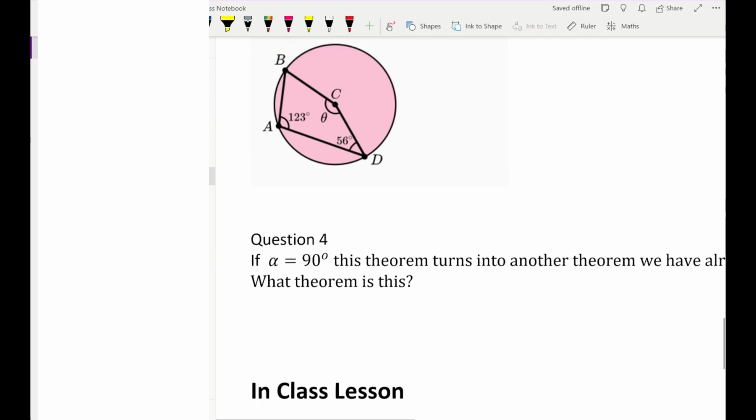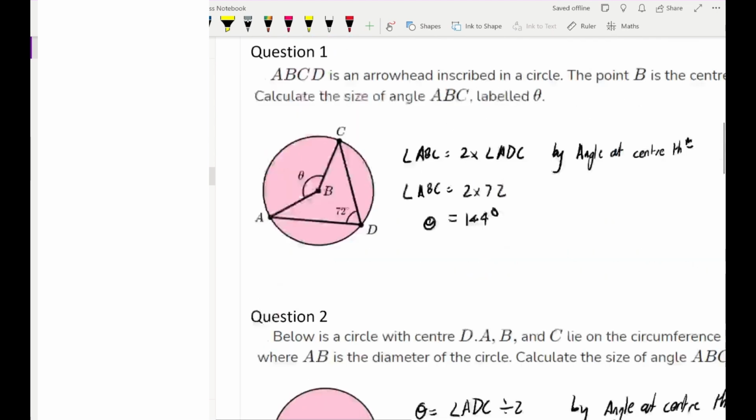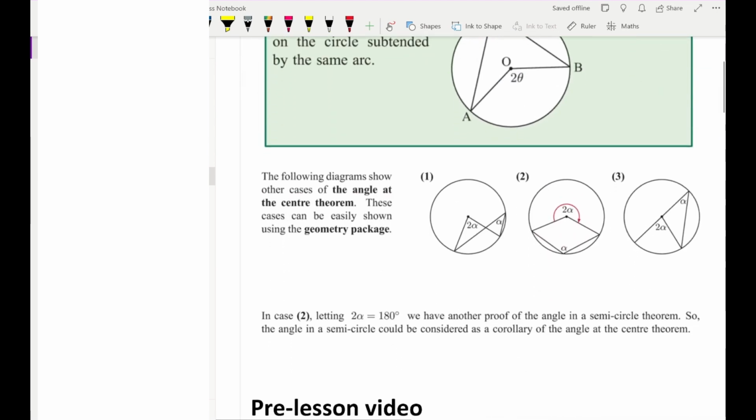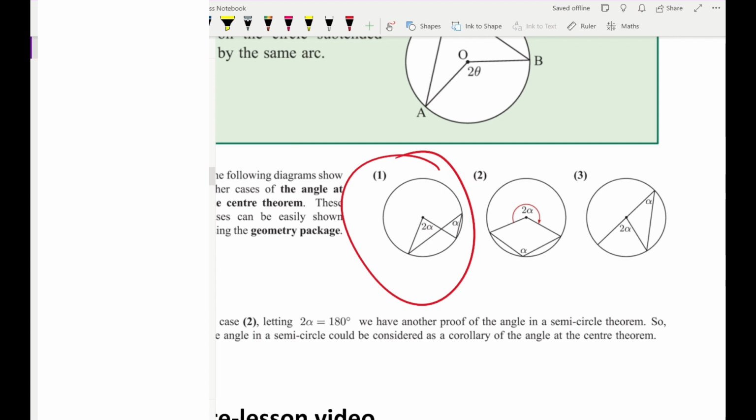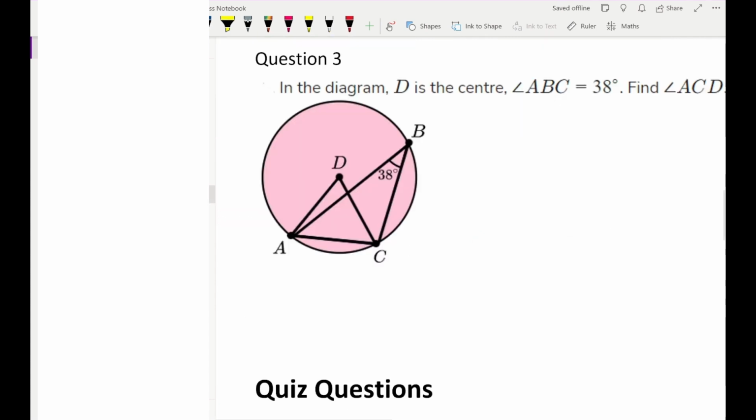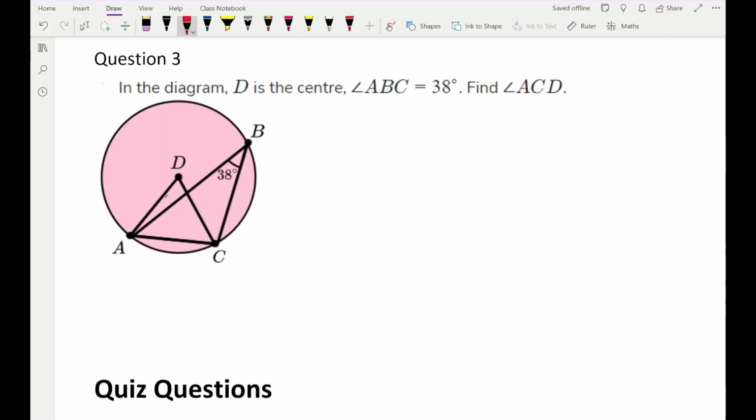This is the theorem we learned last lesson, angle at the center. The situation we're seeing here looks kind of like this one that we've got. So this one here is going to be 2 times 38, just that angle there, because that's the angle at the center.